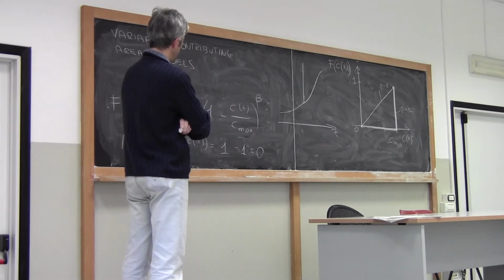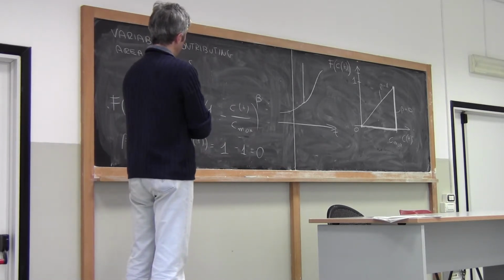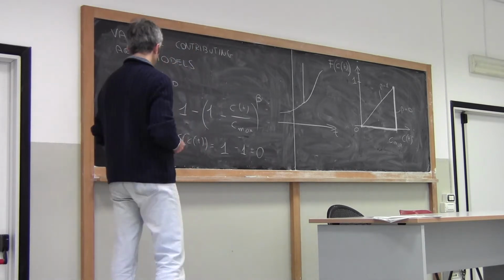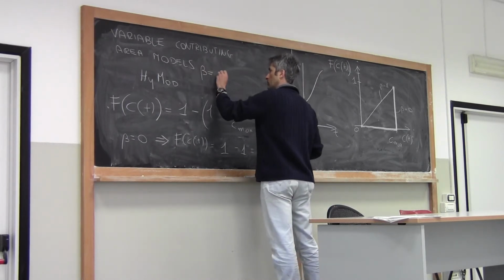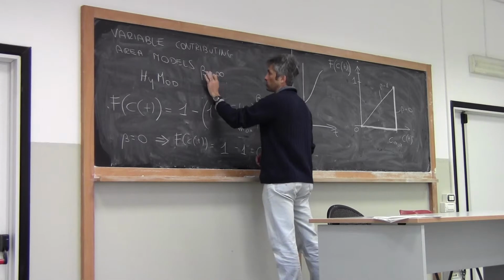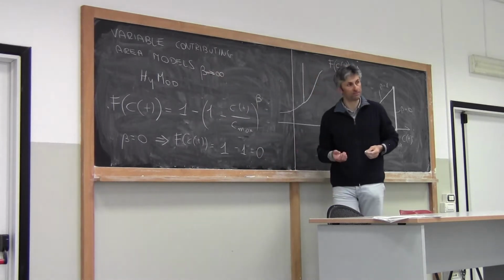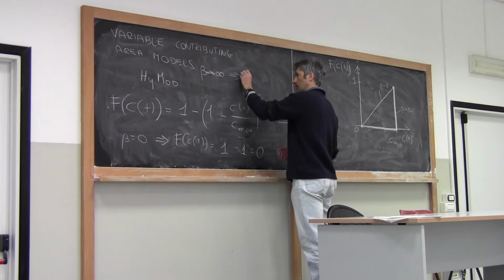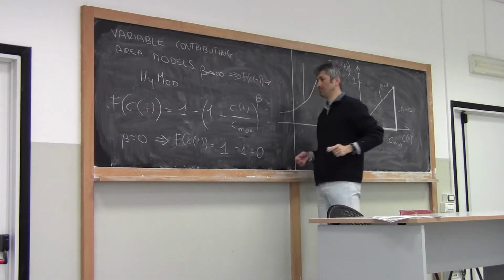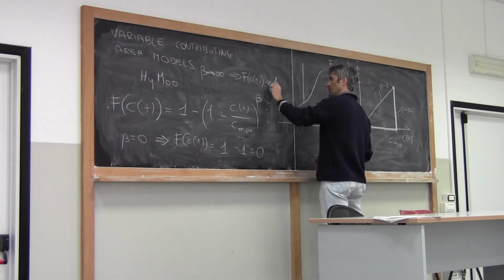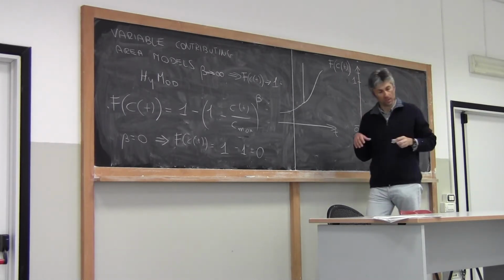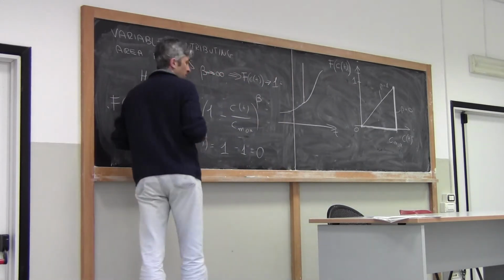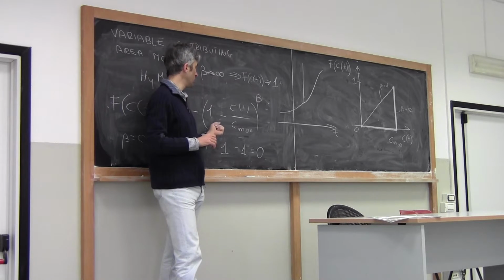Now, what happens if you have beta tending to infinity? Then we get F(C_t) tending to 1 minus, let's look at the quantity between parentheses. It's a number that is lower than 1.